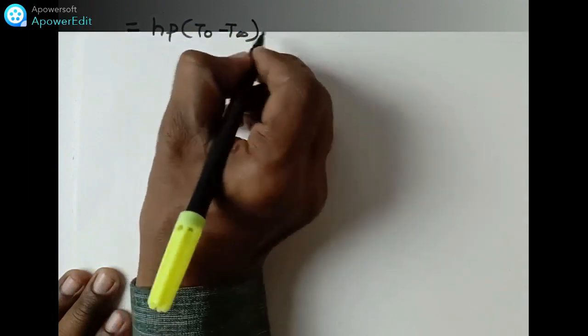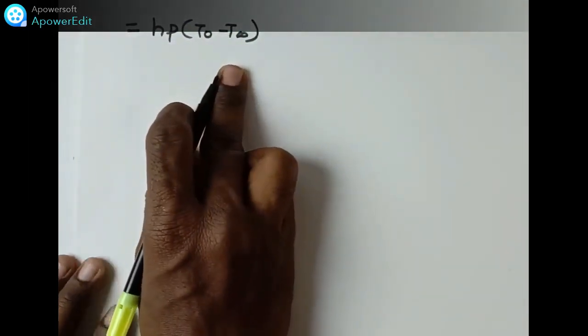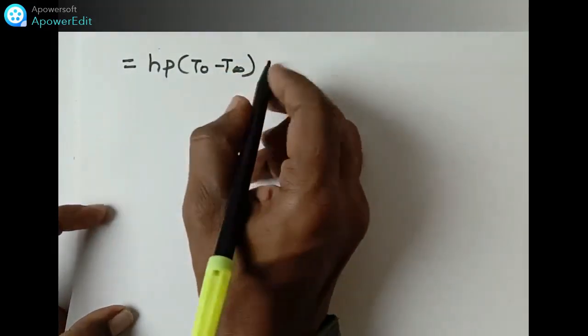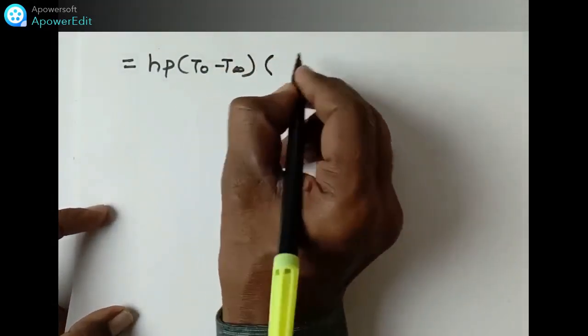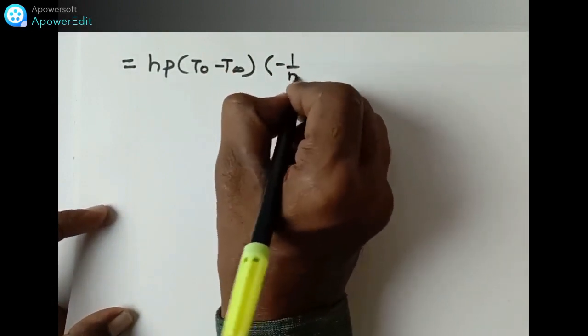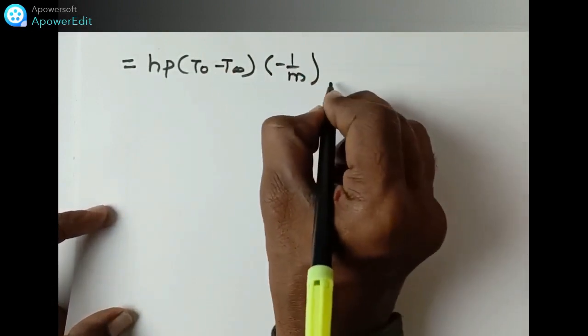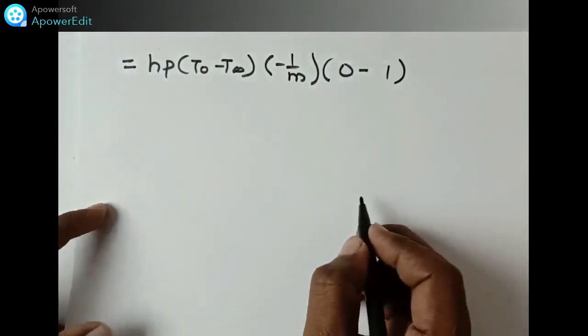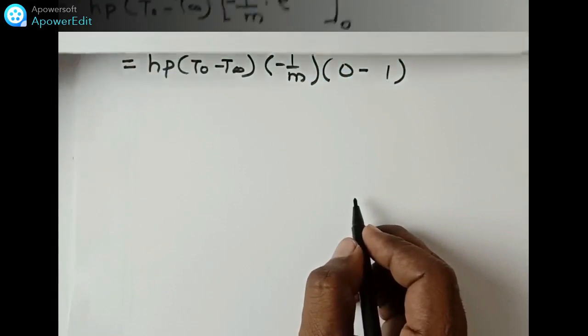So here next HP T0 minus T infinity, here minus 1 upon m, here in this bracket 0 minus 1. How it came?